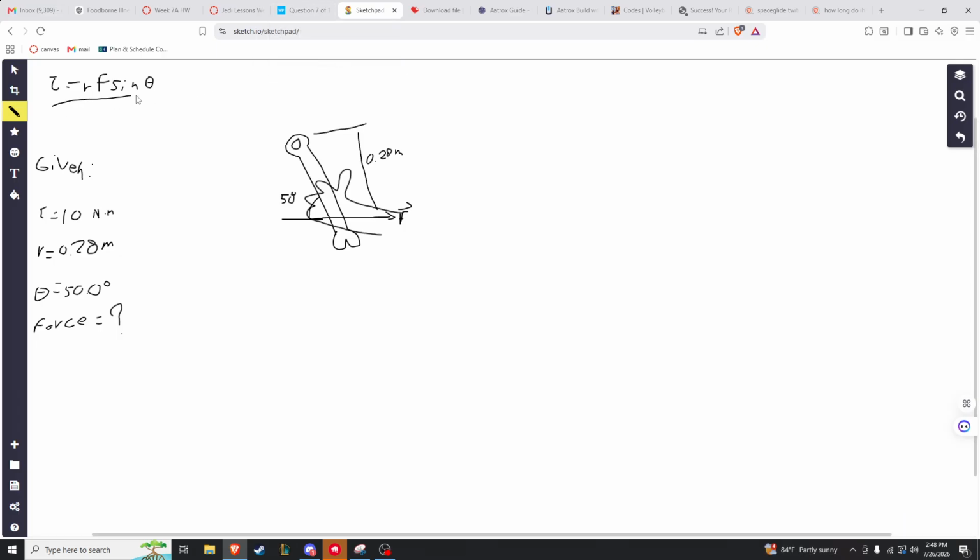Using this torque equation, we're going to rewrite it so we can solve for F. F is equal to the torque over R sine of the angle. From here we can just plug in.